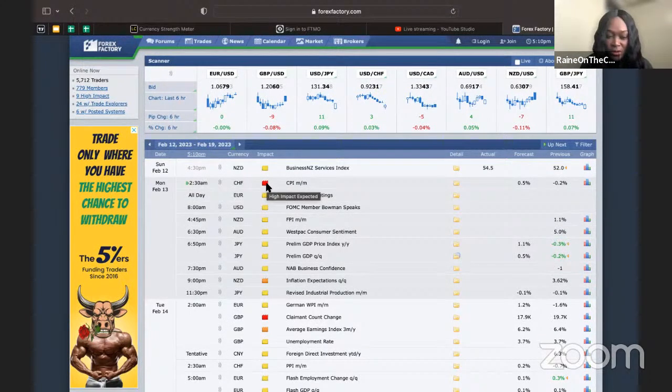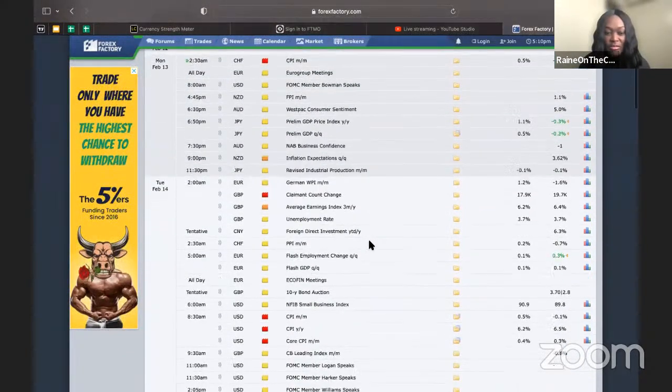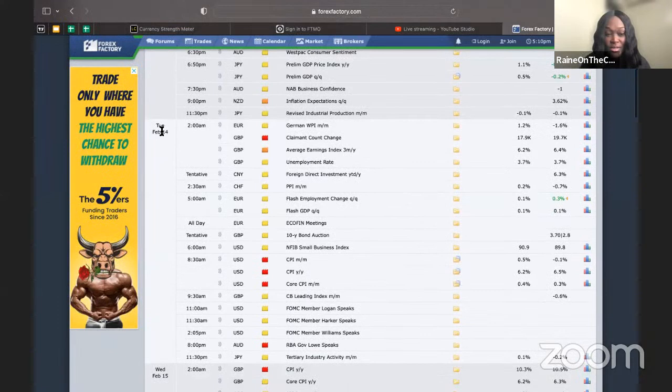What I would suggest you do one of these days is see when the red folders are, like February 14th. Here you see at 8:30 a.m. there are three different red folders on just the US dollar alone.